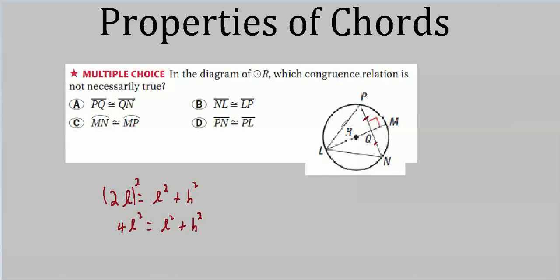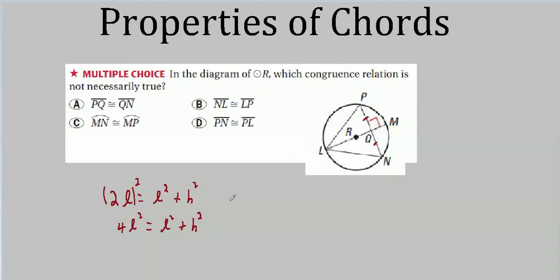If this hypotenuse could be double this leg, and it definitely is possible, what you have to do is think of this segment here, PQ, as having length L. Well, if the hypotenuse is equal to PN, that means it's equal to 2L. This is L. The whole thing would be twice that.